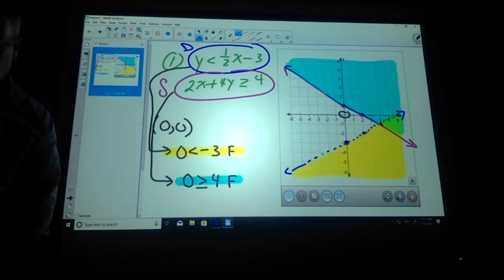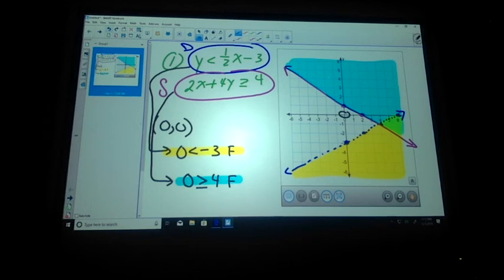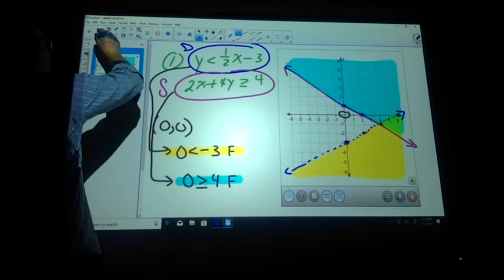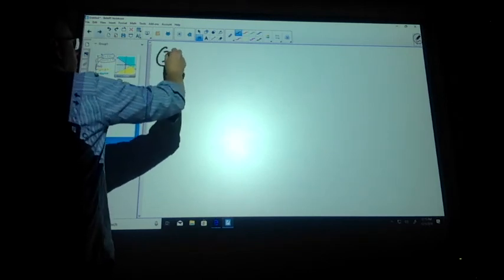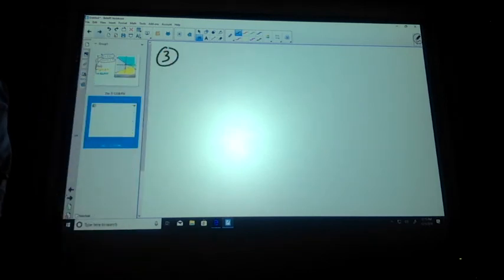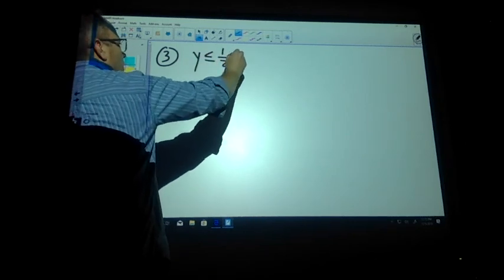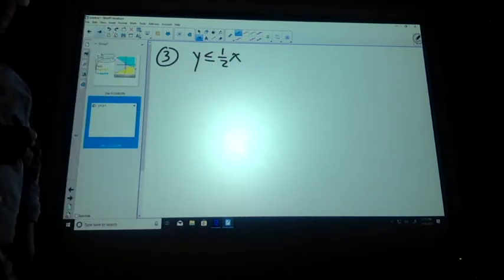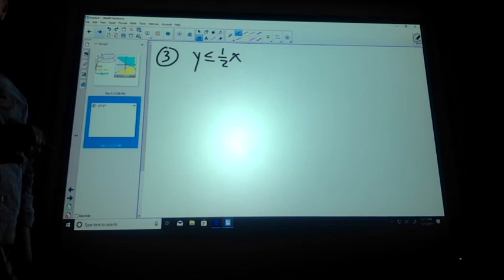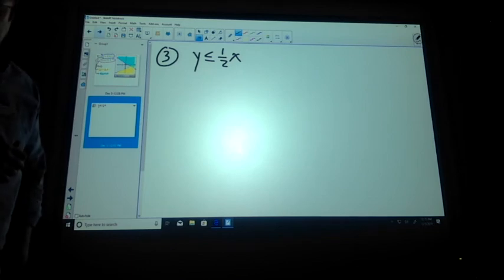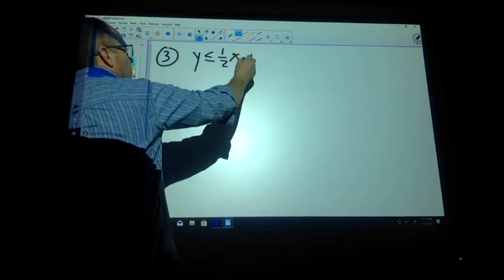Problem number 2 would be done very similarly. So how about I do problem number 3? Is that okay? Okay, problem number 3: we have y is less than or equal to 1/2 x plus 2.